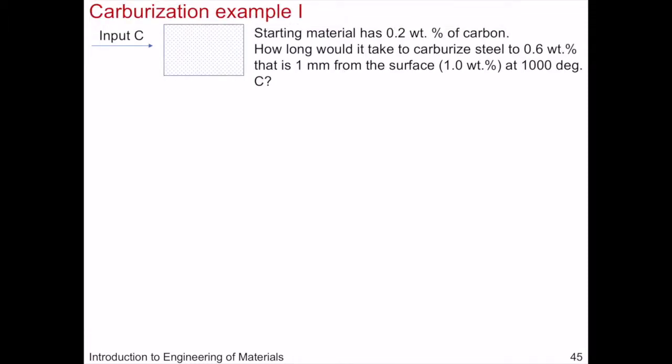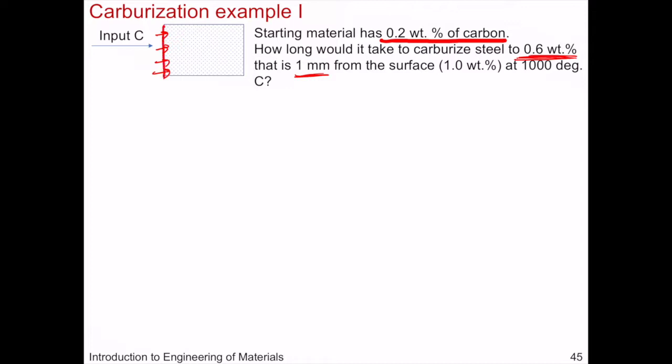Okay, let's take a look at the carburization of steel example. So if you have some steel that originally had 0.2 weight% of carbon, and you're going to diffuse carbon into the steel to get a desired 0.6 weight% overall. So what that means is you're starting at the surface, you're adding in carbon, and you continually just add in carbon until you get 0.6 weight% of that carbon at a 1 millimeter distance from the surface.